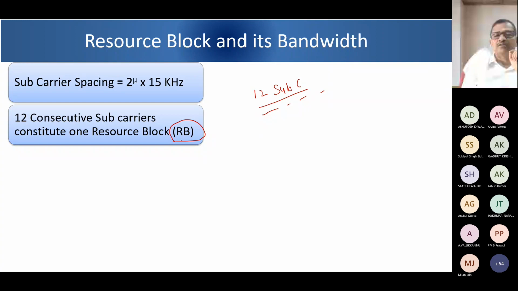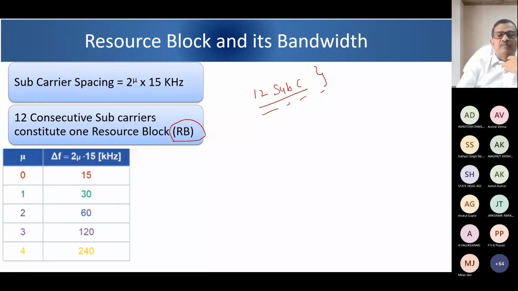The definition of resource block is slightly different in 4G, where not only subcarriers but time is also defined. But in 5G, the resource block is only in terms of the frequency domain, that is 12 contiguous subcarriers. So 1 RB is equal to 12 subcarriers.